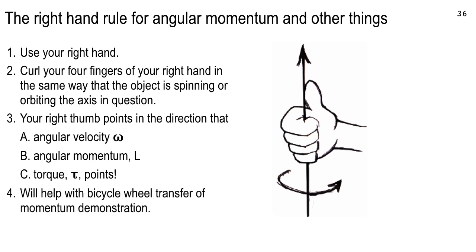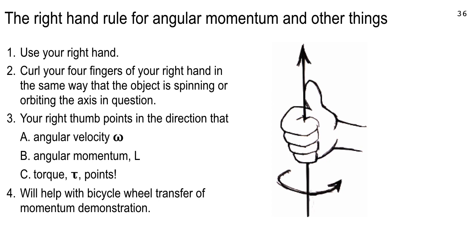Now, a bicycle wheel, when we get to the demonstrations on Thursday, you'll see the right-hand rule. Let me think about this. Think about a bicycle, and you're moving forward.